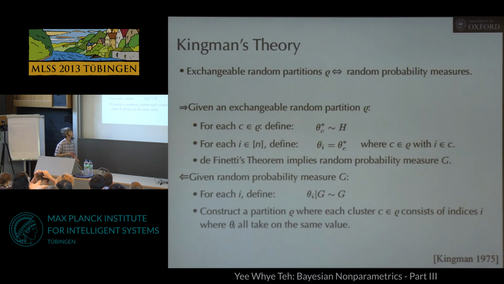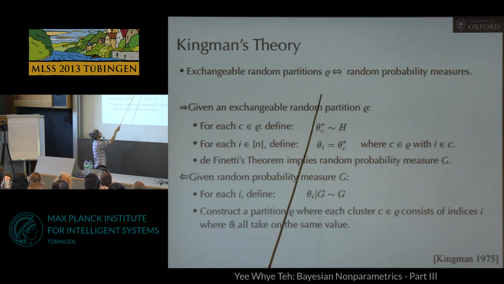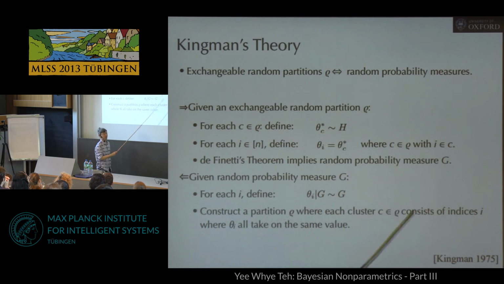So there's a nice theory by Kingman, which is a bit like de Finetti's theorem for partitions rather than for sequences. What he showed is that there's a one-to-one correspondence between exchangeable random partitions and random probability measures. But this is a bit more general than what we've described so far.